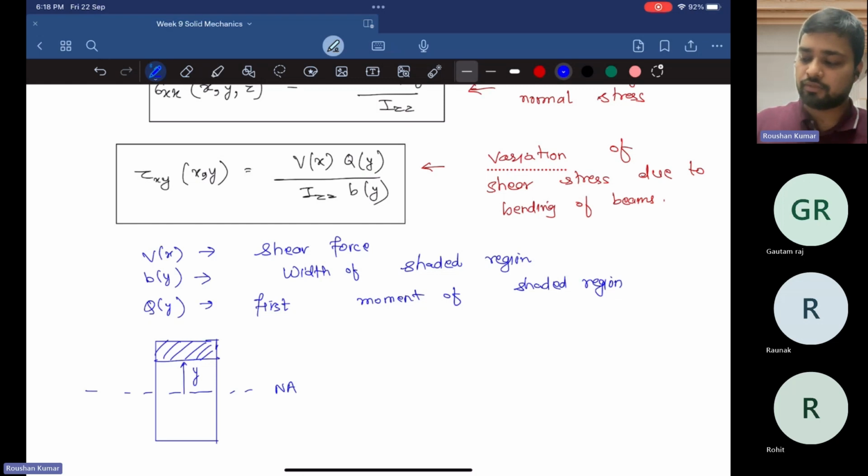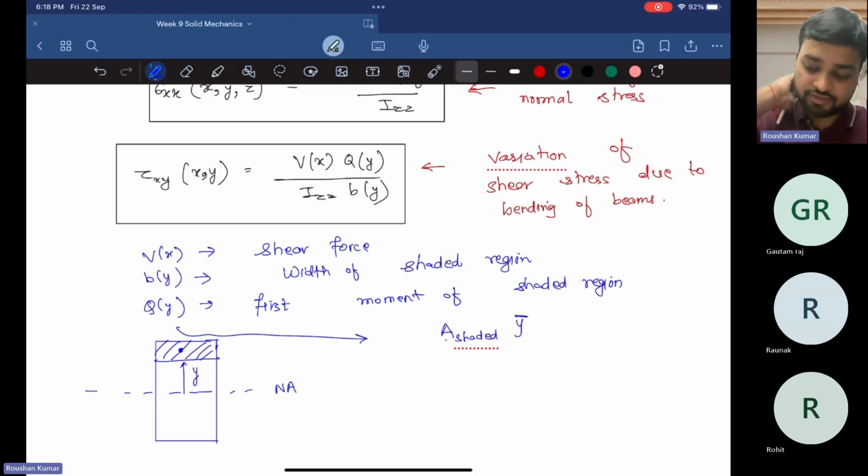Next is Qy, the first moment of area, which is given by the area of the shaded region times the centroidal distance of the shaded region. So in Qy we have two terms: the area of the shaded region times y bar, that is the distance of the centroid of the shaded region from the neutral axis. And b is the width of the cross section where we have to find the shear stress, and Izz is the second moment of area for the cross section about the z axis. In this way we can find the variation of shear stress for any cross section.